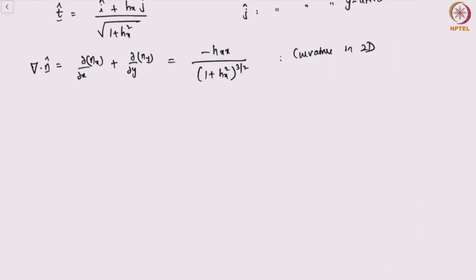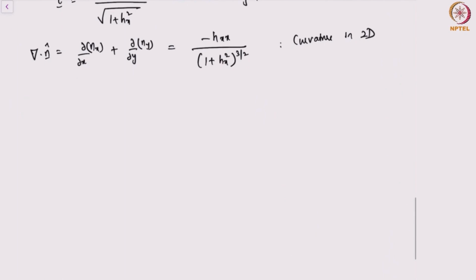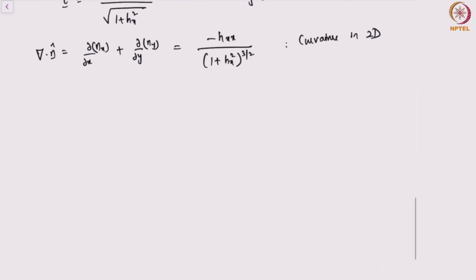So what are the boundary conditions at an interface, or what are the interface conditions that I am interested in? So let's write down the usual ones. The first one would be normal stress balance. We have already derived this earlier.